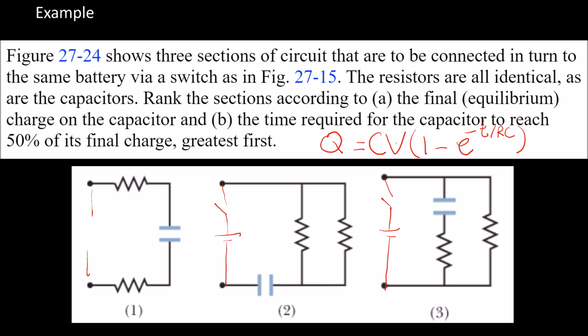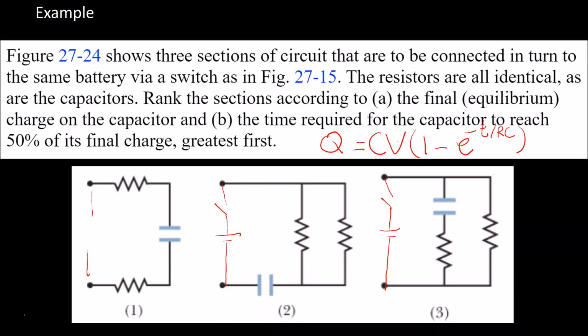So remember, the batteries are all the same, capacitors are all the same, and Q final is CV. So what can you say about the final Qs? They have the same charge. Same charge, yes. Because the resistance affects how fast the charge goes to maximum. But what determines what the maximum charge is just capacitor and voltage.